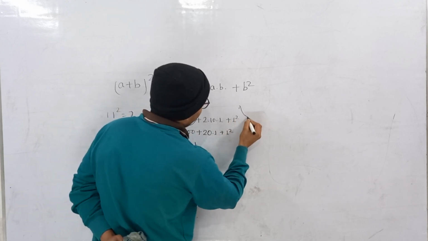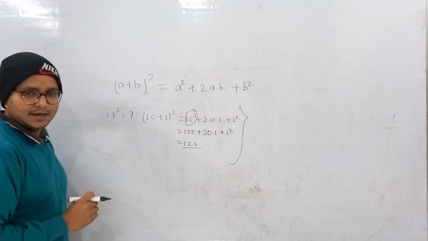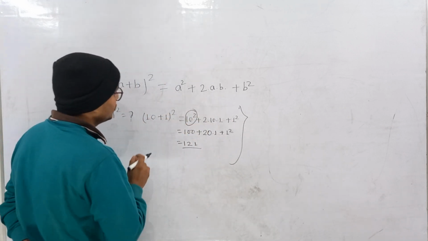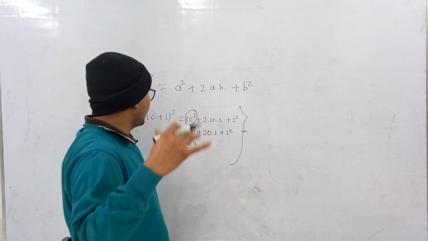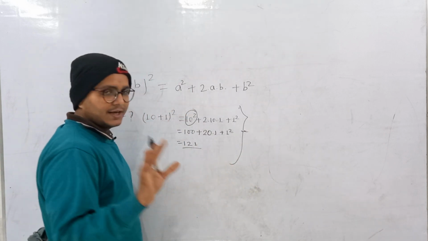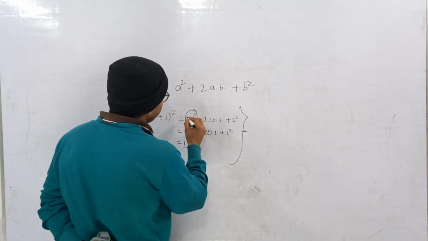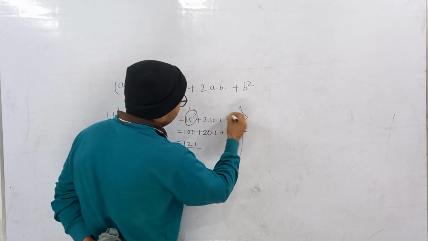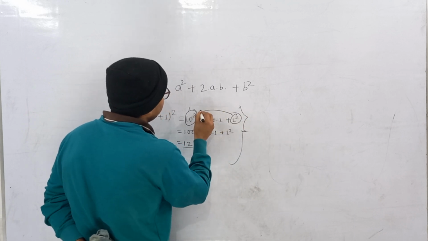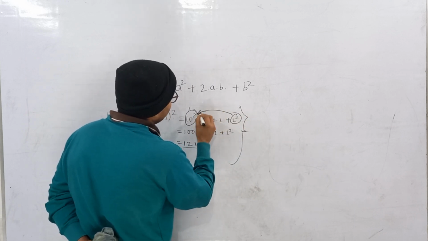Here, to explain the method, I have written it in detail, but if you have to calculate in your mind, you can easily do it. Suppose 10 square you can easily remember as 100. These things you can do in your mind.